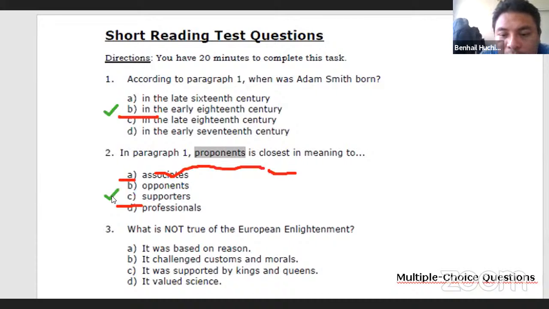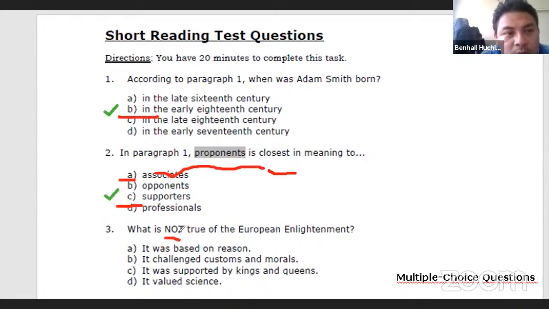Now, number 3 says, what is not true of the European Enlightenment? Here we have to be careful because it says not. If we read it fast and don't notice the not, we will choose one that is incorrect.